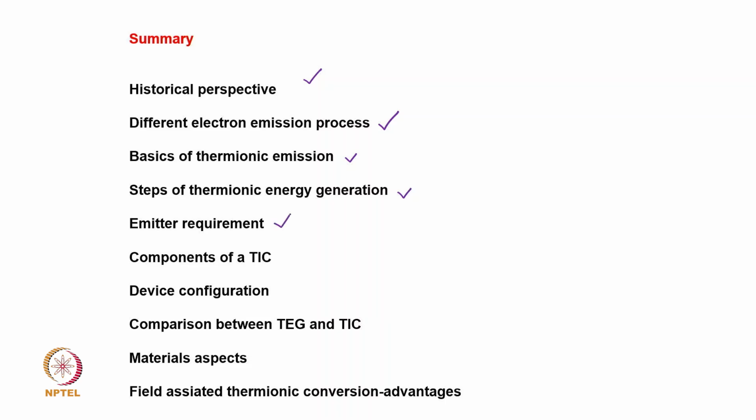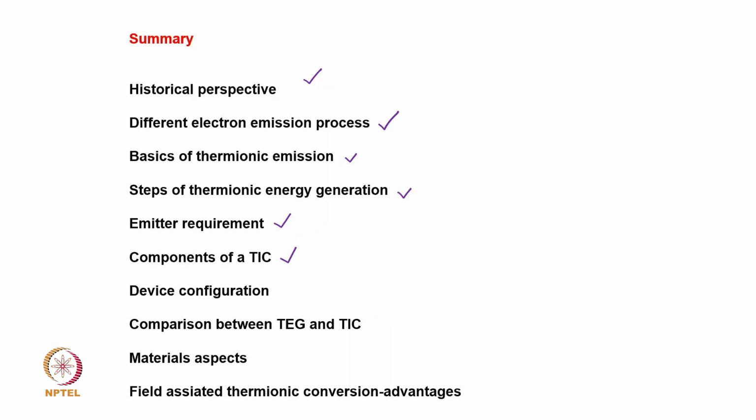Then we have also seen what are the emitter requirements, all right. We have seen what are the properties of the material that gives a very good thermionic emitter, and then today we discussed what are the components of a thermionic converter. Okay.